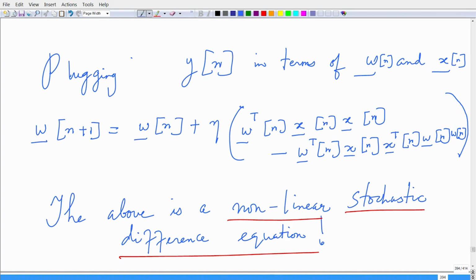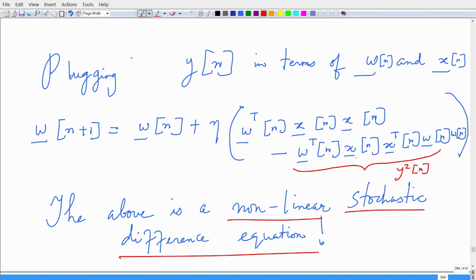So, w at time step n plus 1 is w n plus eta times w transpose n x of n minus w transpose n x n times x transpose n w n times w n. So, this y square I realized in two alternative ways. y of n is a scalar and it is realized as w transpose times x, and the other y is realized as x transpose w. And you would wonder why I want it in this form.